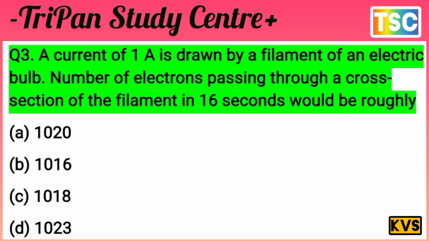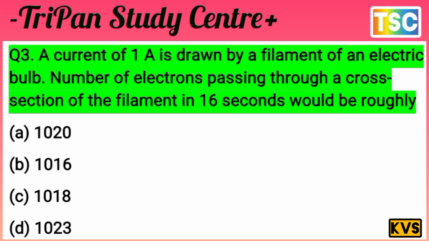The next question: a current of 1 ampere is drawn by the filament of an electrical bulb.